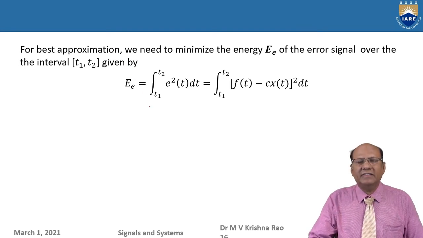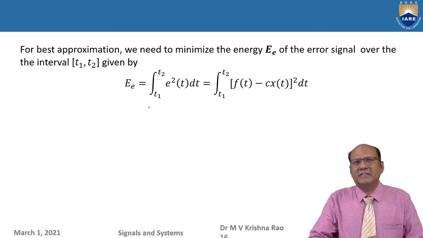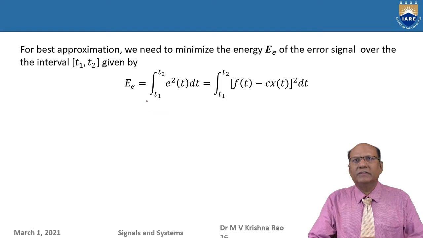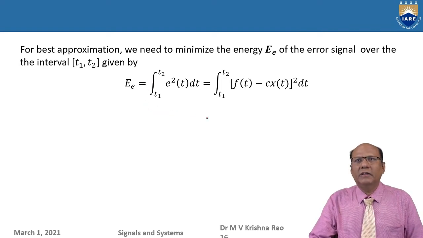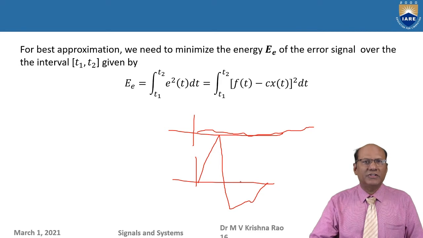So what is the size of the signal? Size of the signal means some parameter which says that this signal is a bigger one or this signal is smaller one. So it is not the length. For example, if I take some signal, there may be a low amplitude signal for a long period. There may be some other signal whose amplitude is very large and the duration is very small.